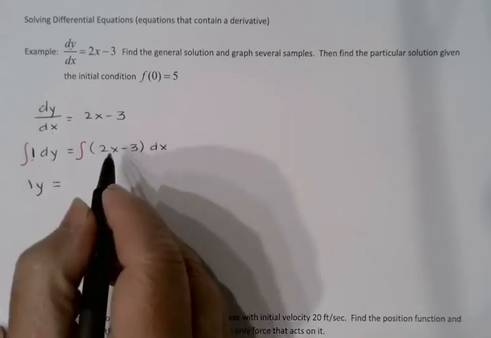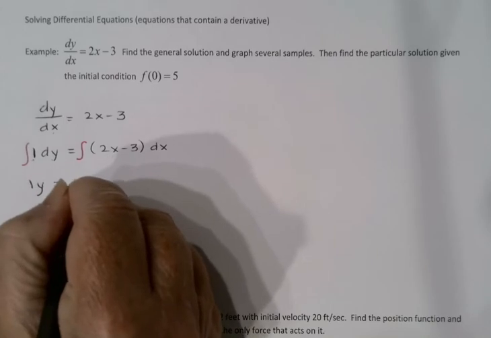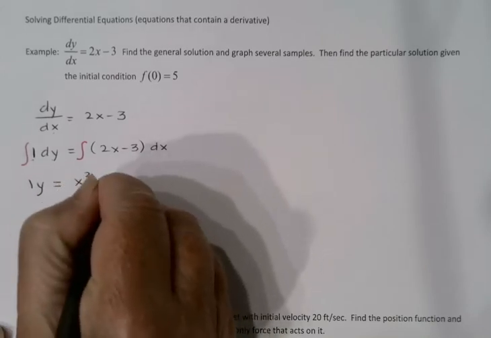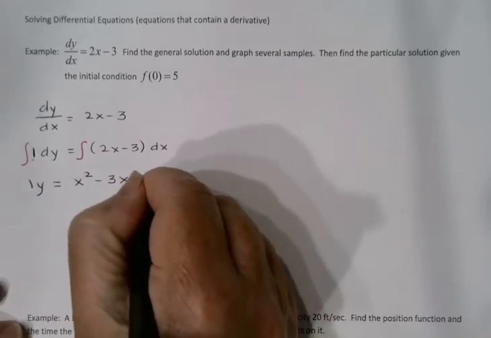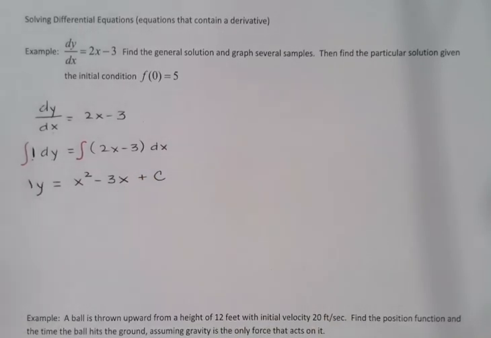On this side, the integral of 2x would be x squared minus the integral of 3 would be 3x. And I'm going to have that plus c, that constant of integration.